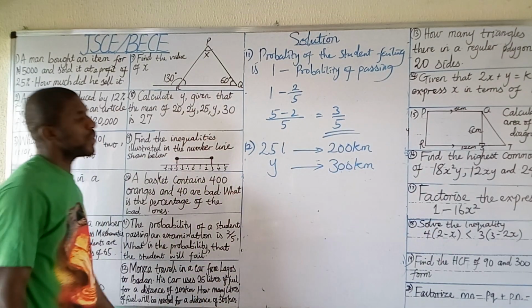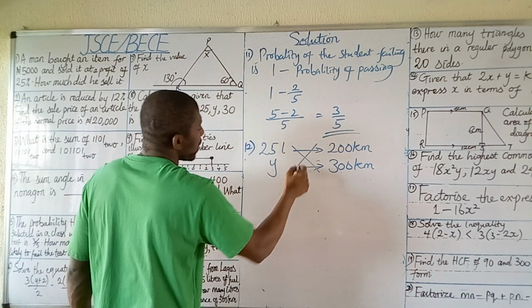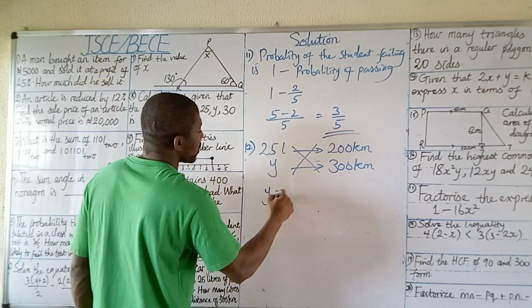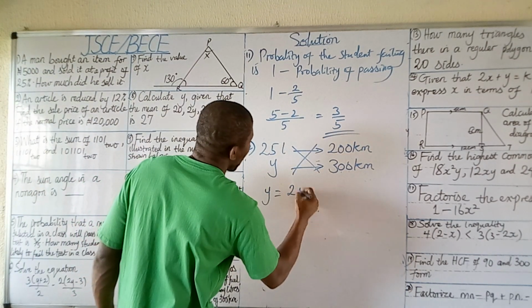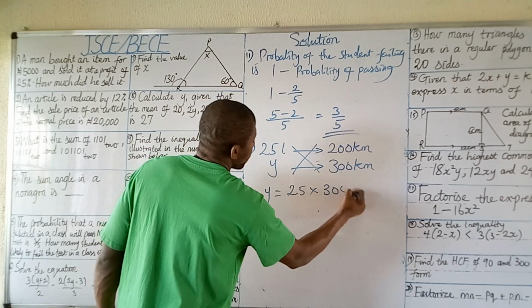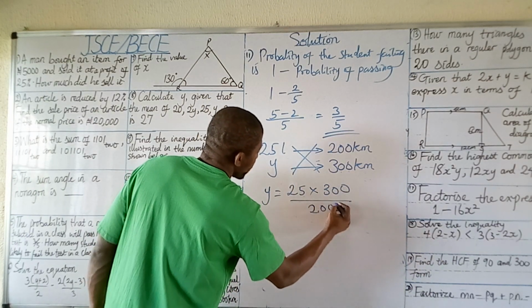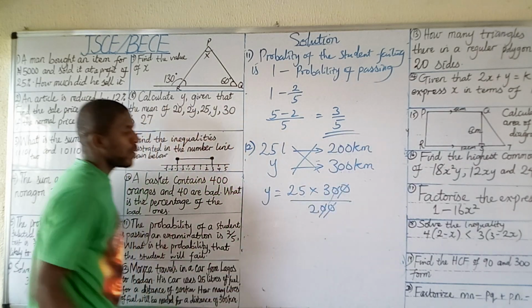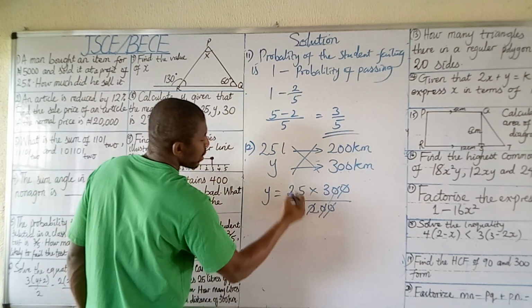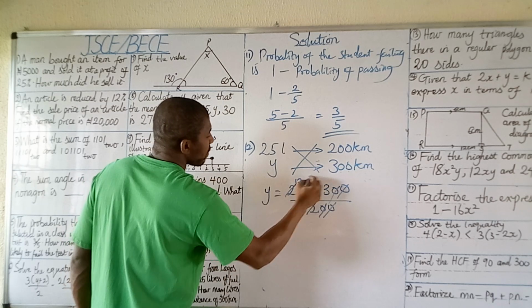That's the question. So for this, we are cross multiplying. We have y is equal to 25 times 300 all over 200. 0 cancels 0. 2 in 25 will give me 12.5.